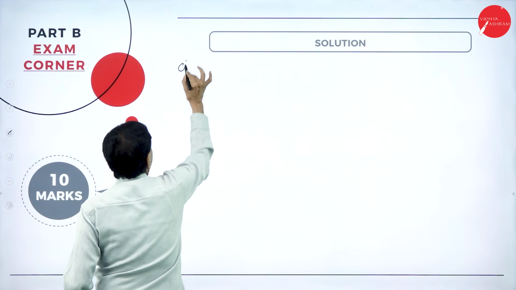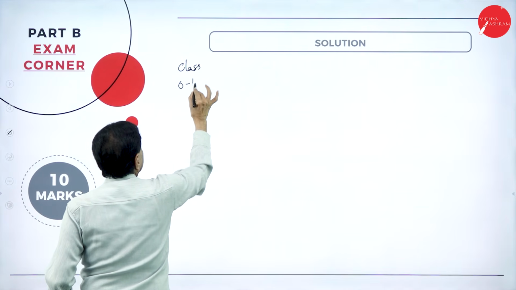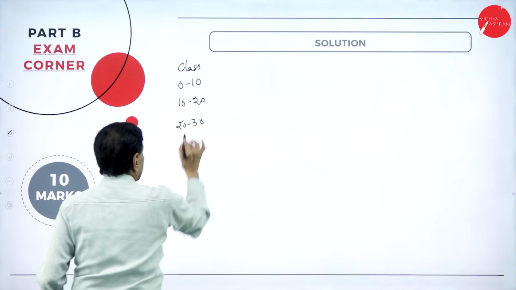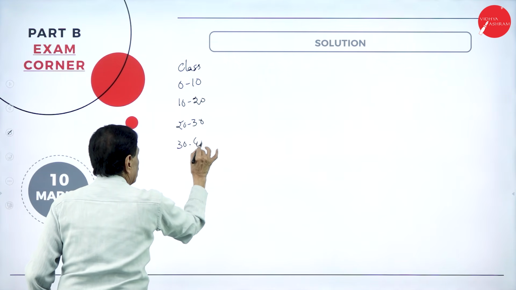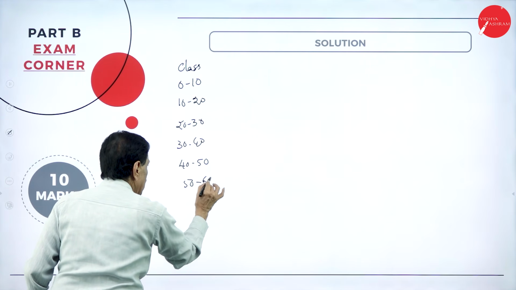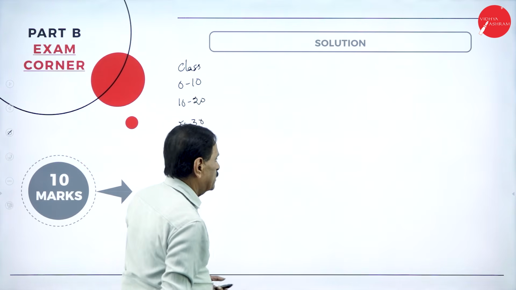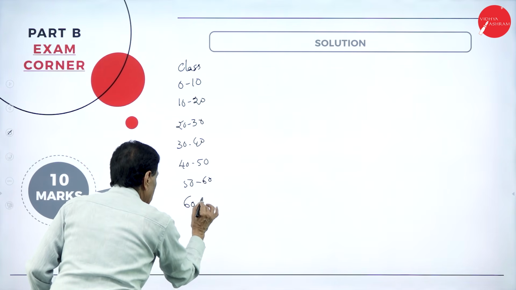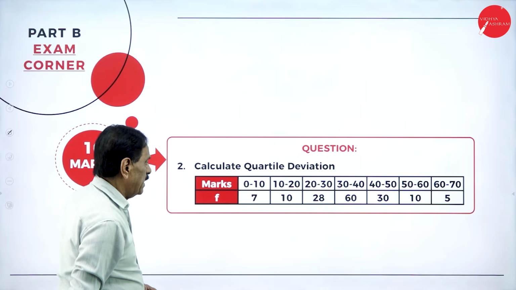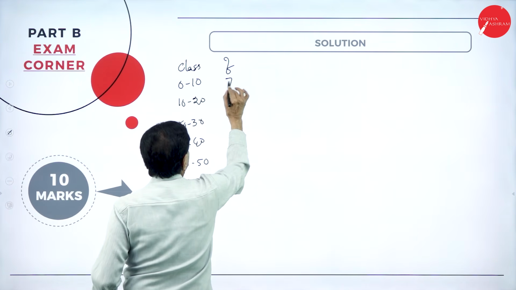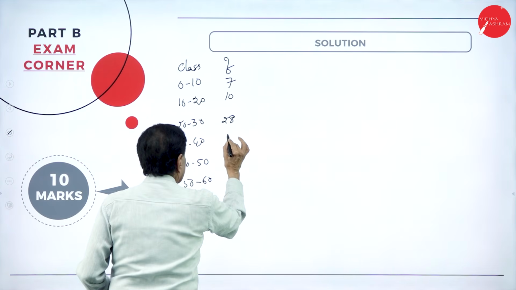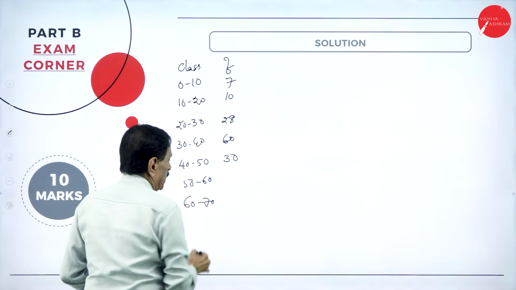Class: 10 to 20, 20 to 30, 30 to 40, 40 to 50, 50 to 60, and the last is 60 to 70. Frequency: 7, 10, 28, 60, 30, 10, 5.